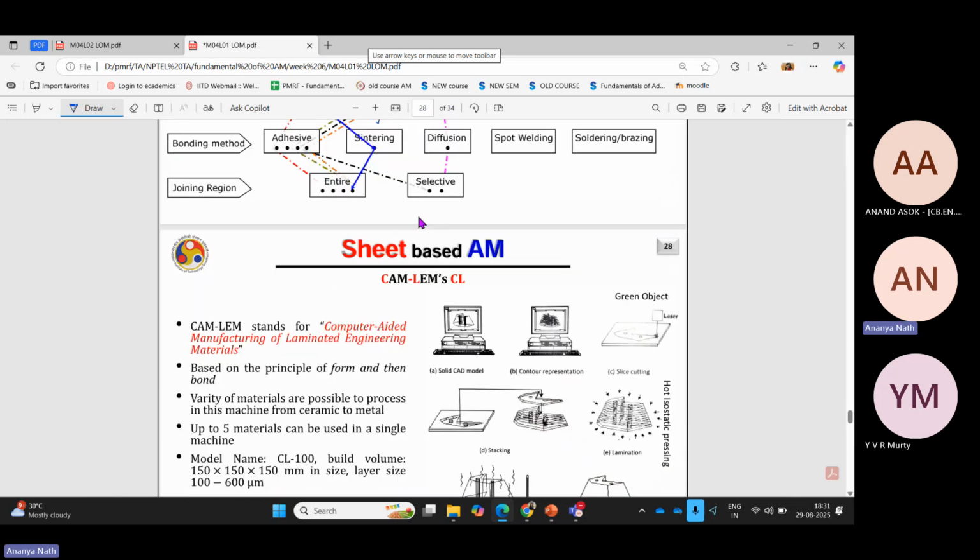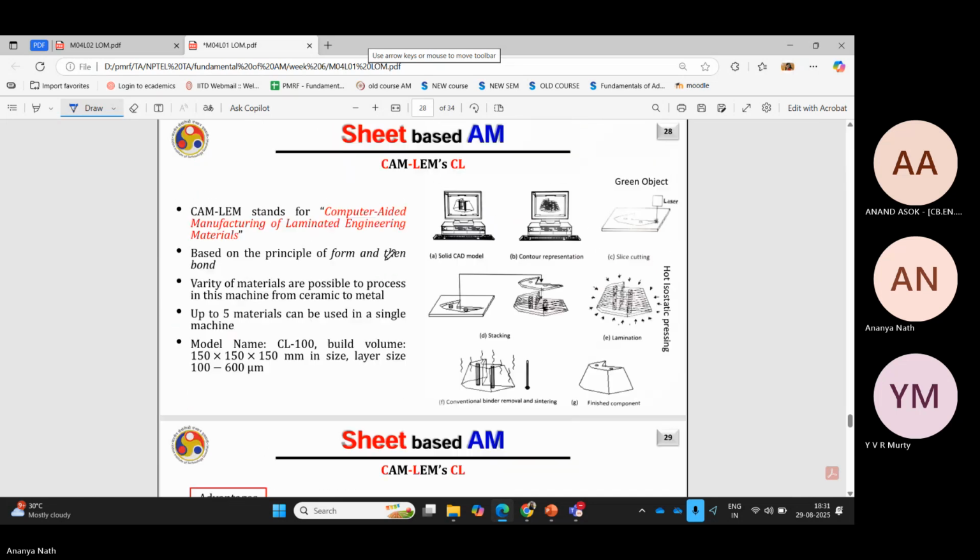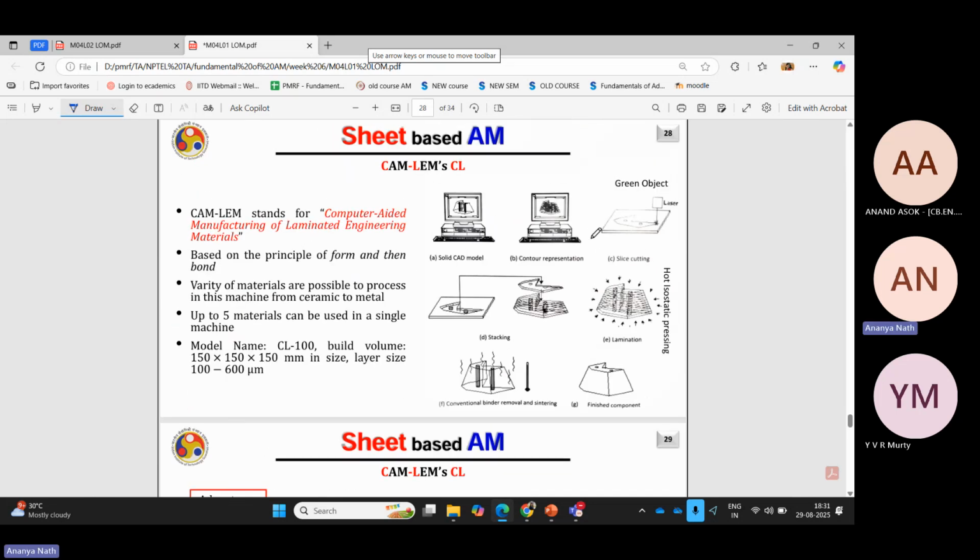So in this CAM-LEM process, the laser is there to cut. After it is sliced, you can do the stacking. Then lamination.